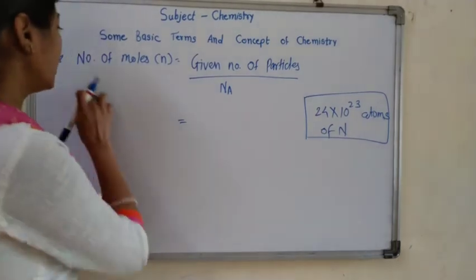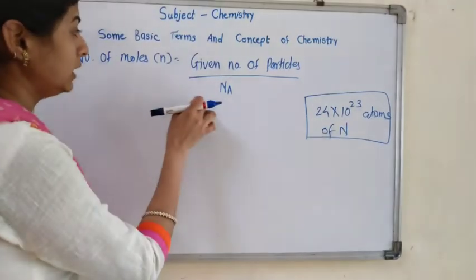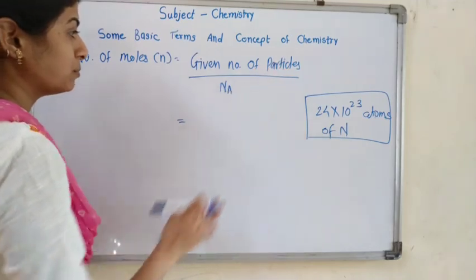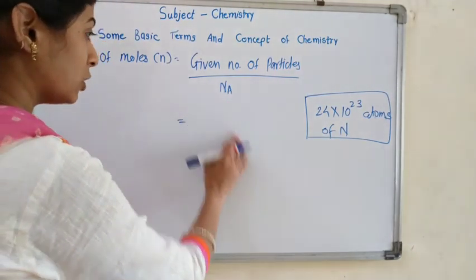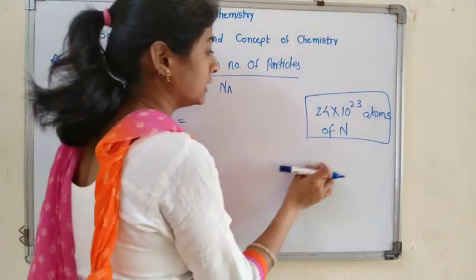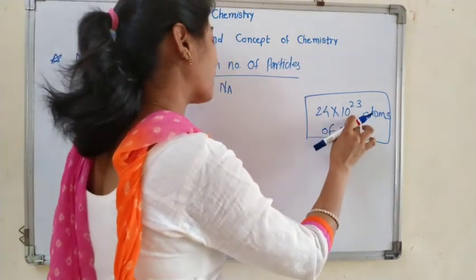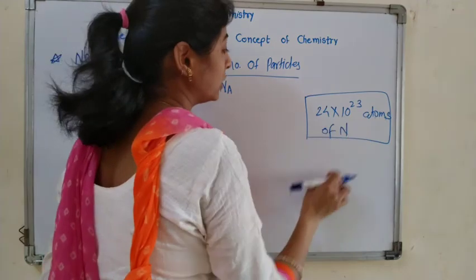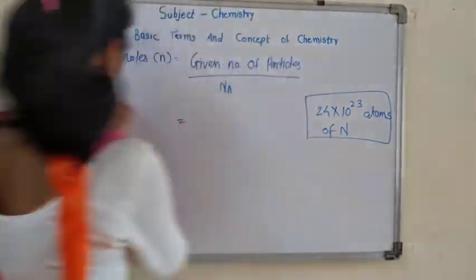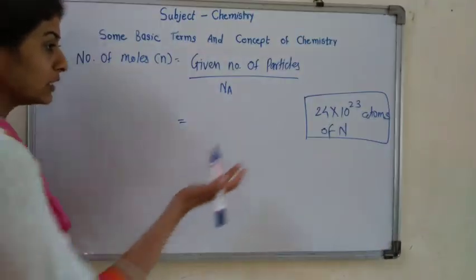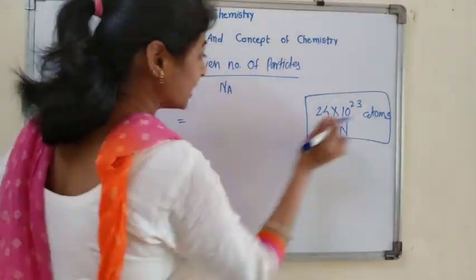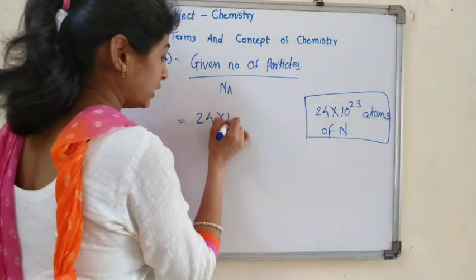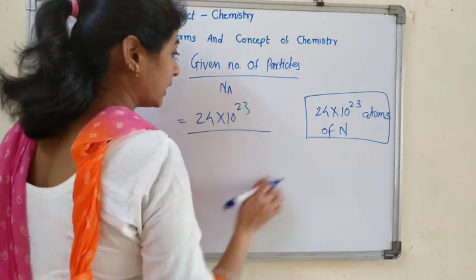Now the next formula for number of moles is given number of particles divided by Avogadro's number. For example, if there are 24 × 10^23 atoms of nitrogen in a container, calculate the number of moles. Now what is given? Given number of particles, 24 × 10^23.